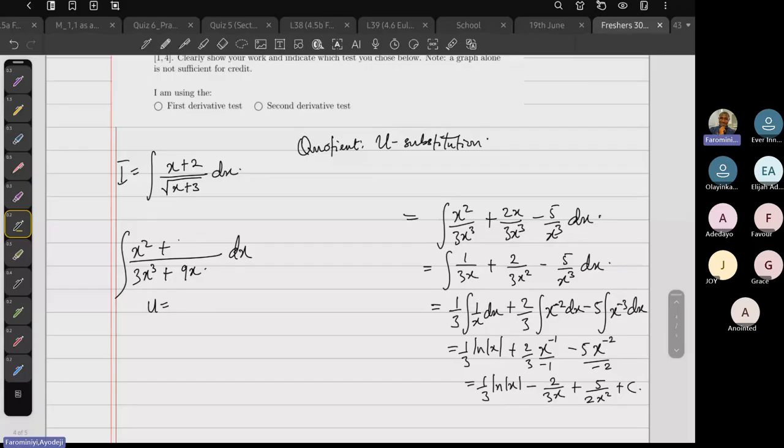I think this will work. I can now put the -5 that I want here. Yeah, will that work? Yes, I think it will work.